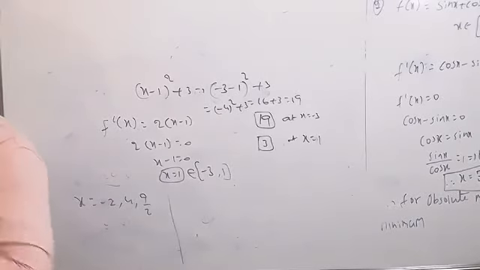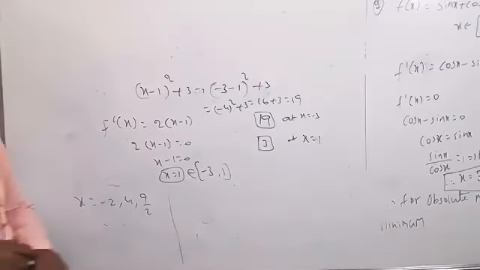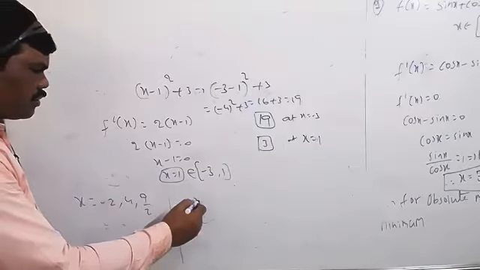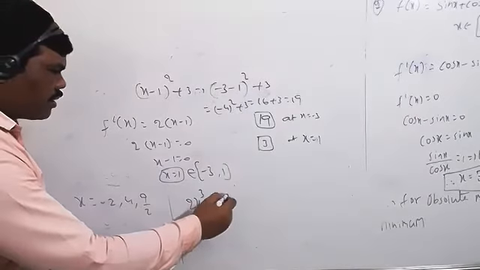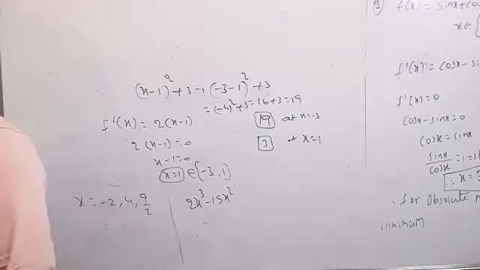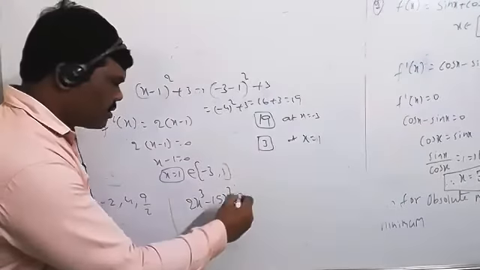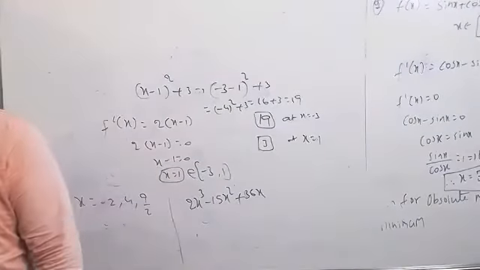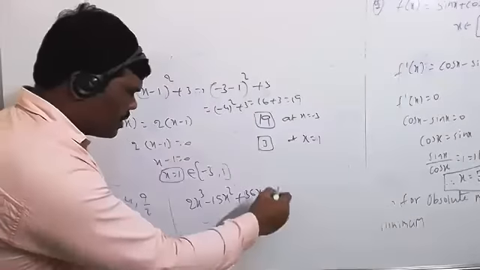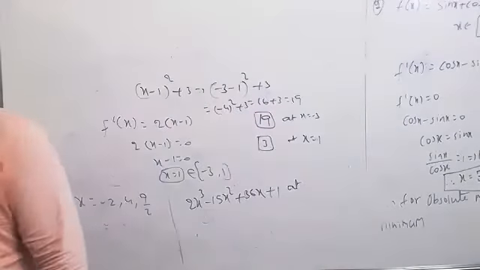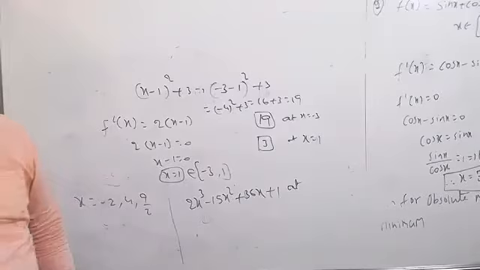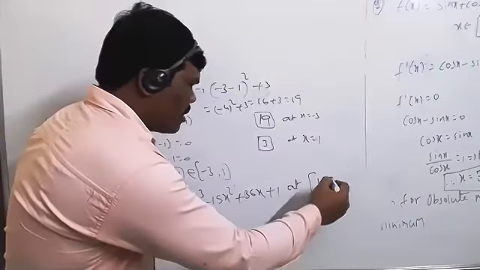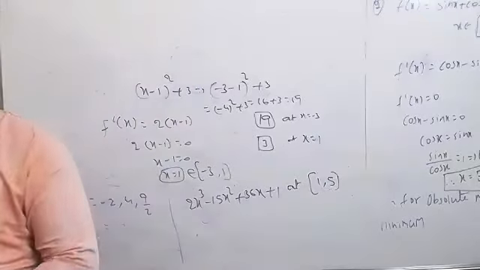All of you can copy that. 2x cube minus 15x square plus 36x plus 1 on the closed interval 1 comma 5. Closed interval 1 comma 5. Okay, yes, start now.